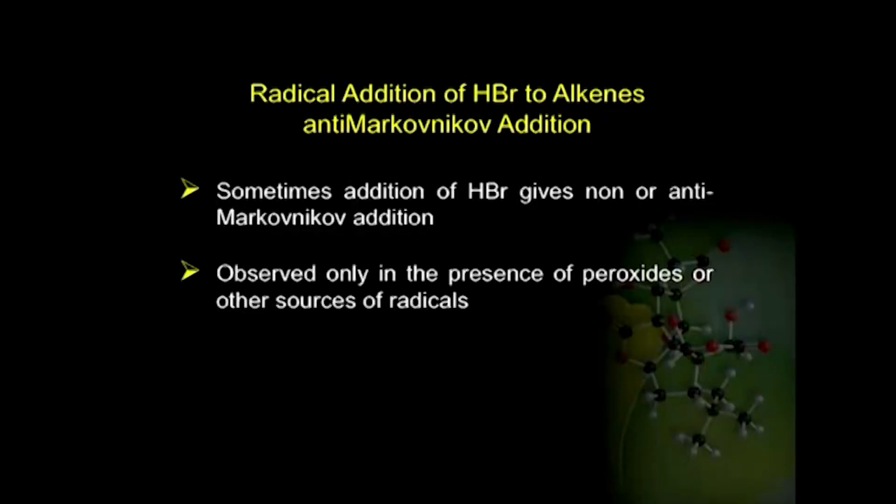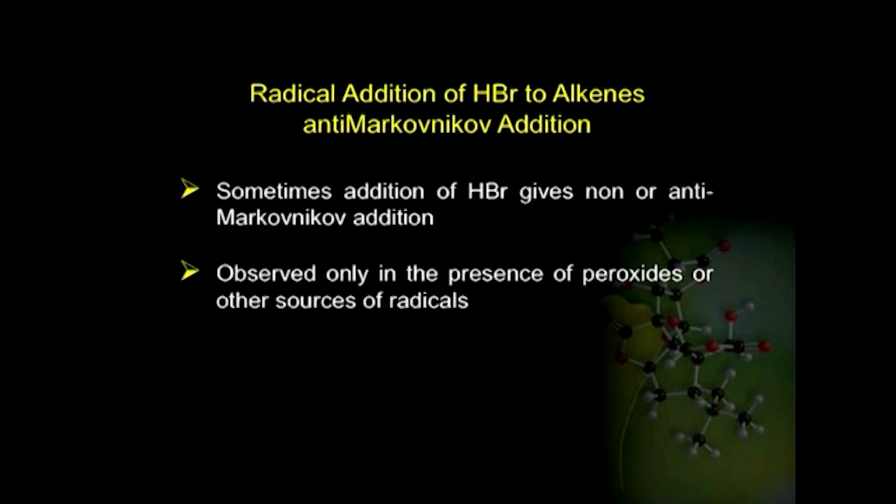So, sometimes what happens is that when HBr is added to alkenes, we do not observe the product which we saw earlier, and we say that this follows a non or anti-Markovnikov addition. It is observed only in the presence of peroxides or other sources of radicals.